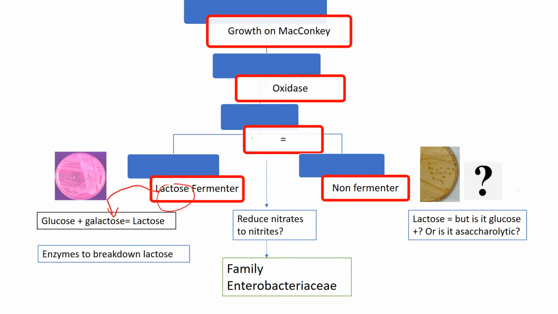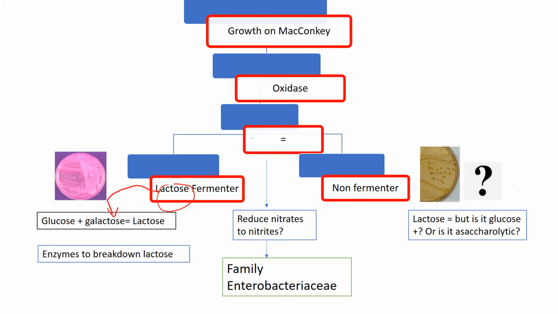Asaccharolytic organisms use other sources for energy. So that's what we need to find out later on. When it is clear and colorless on MacConkey, is it a non-lactose fermenter or is it a non-fermenter? Follow?